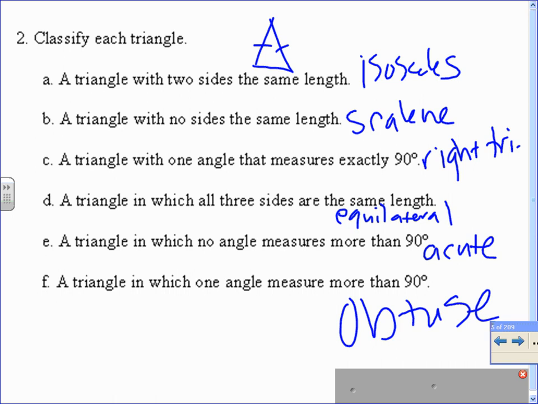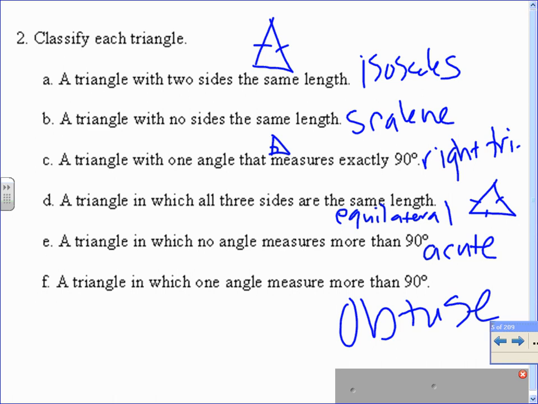Okay? A right triangle has a right angle. Okay? Equilateral triangle, all the sides are the same length. Did you ever hear of that one? Parochial schools are different than public schools with this. Equilateral, all the sides are the same. Okay, acute does not have an angle measure that's more than 90.